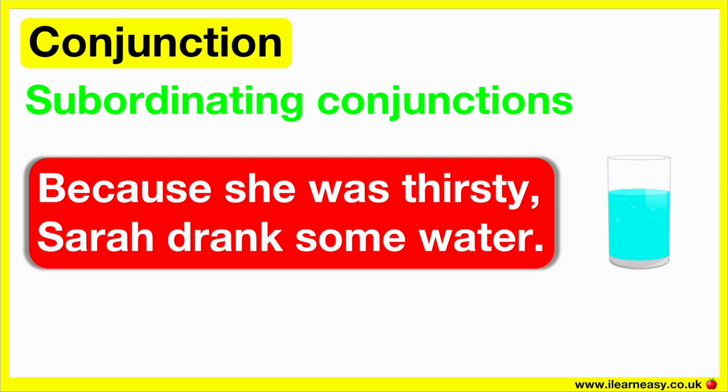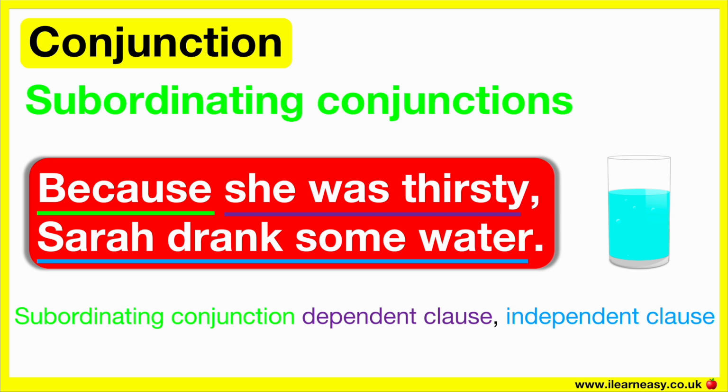In this example, the subordinating conjunction is followed by the dependent clause, comma, and then the independent clause. So when the dependent clause comes first, the subordinating conjunction is placed at the beginning of the sentence, and a comma separates the dependent clause from the independent clause.